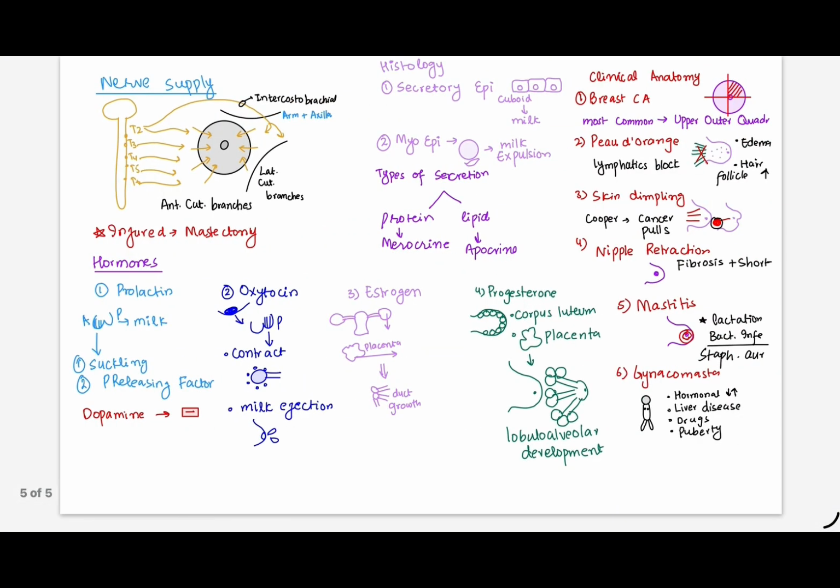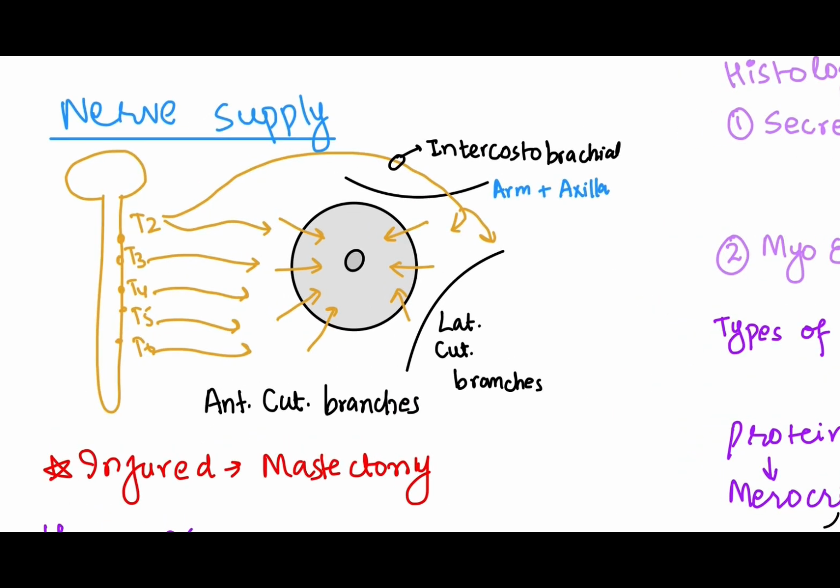Okay, then there is the nerve supply. Obviously we need to have some nerve supply to the breast, and we know the breast tissue extent is from the second rib to the sixth rib, and the vertebrae are T2 to T6.